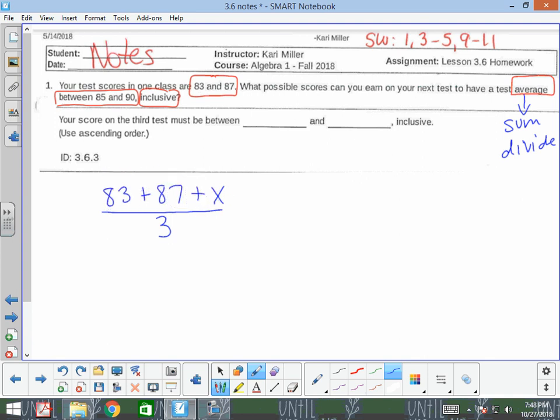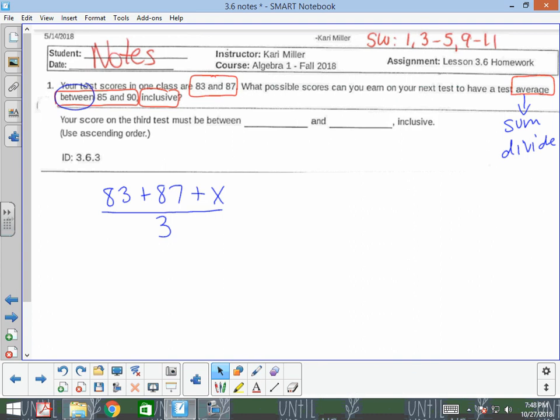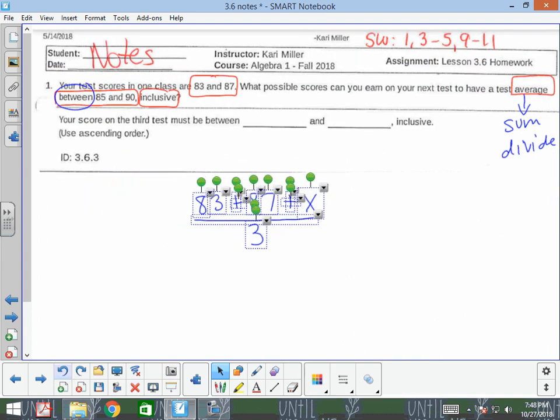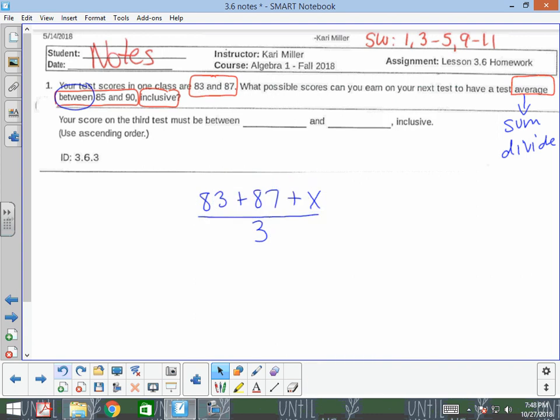Okay, so now it says between. Whenever we write between, we want this to be between 85 and 90. So I want 85 on the left and 90 on the right, because we always put the small number on the left and the big number on the right.